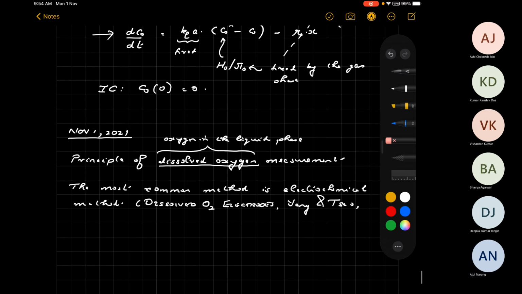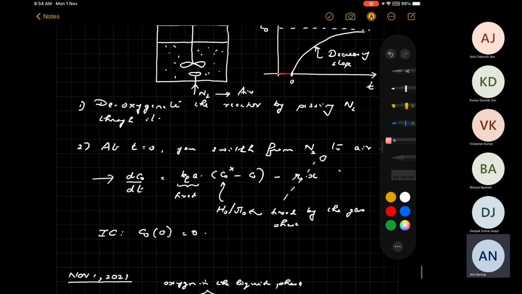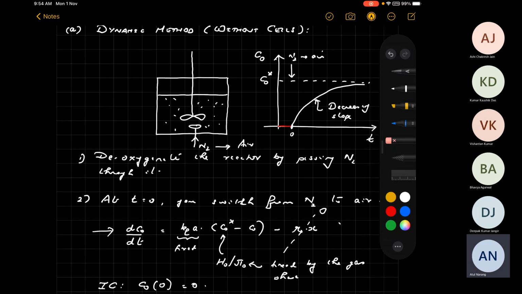So this CO is measured. This graph is measured with the DO probe that I just described. It's basically a probe like this that is embedded into the reactor with a membrane over here, and it's constantly sending a signal to the reactor.